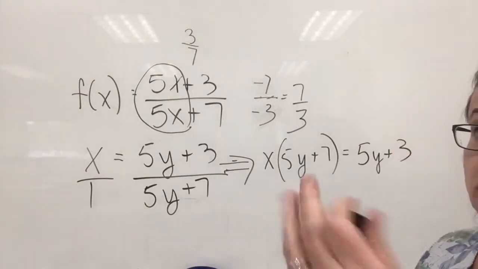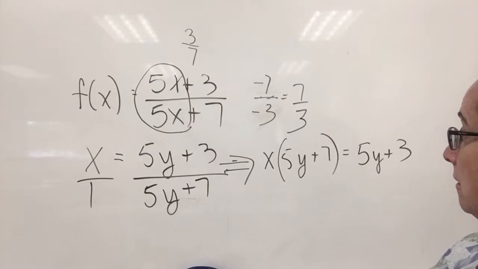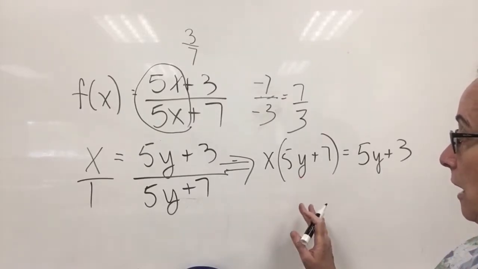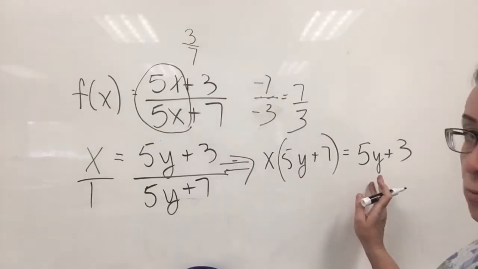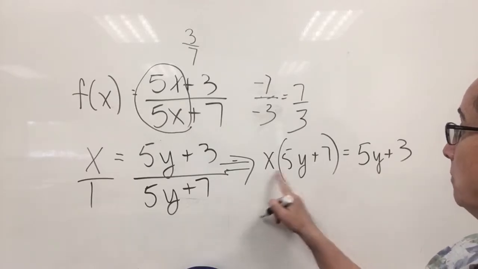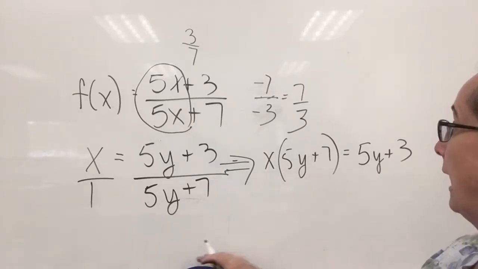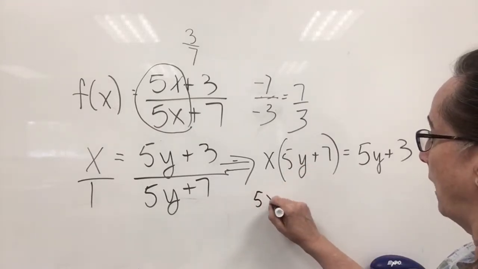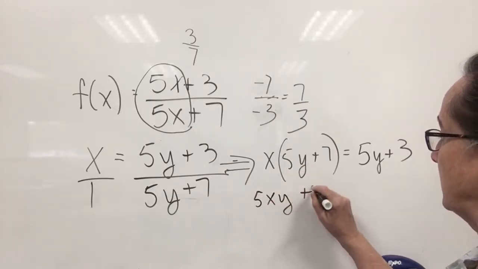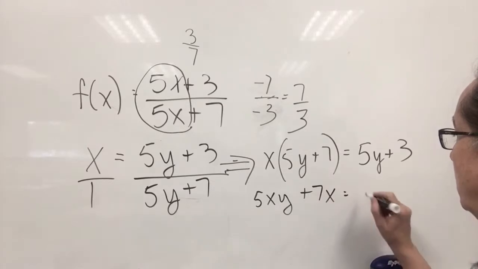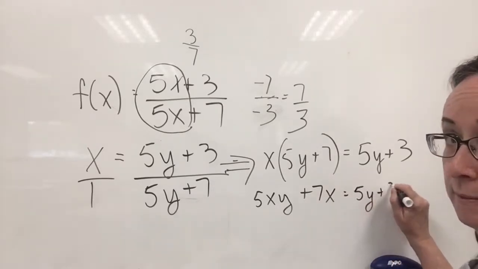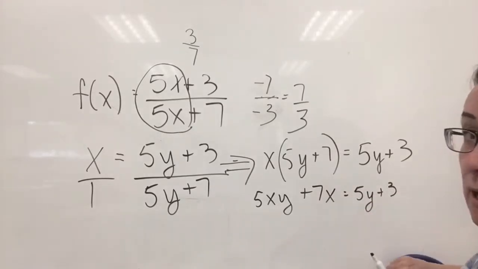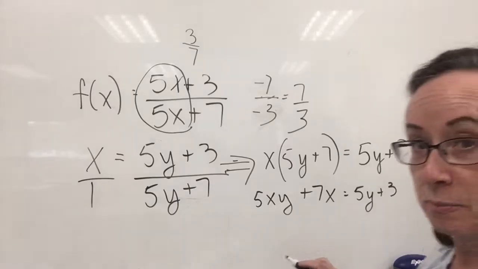Remember, now that I've switched the x and y, I'm trying to get the y on one side by itself. So I need to multiply this out and get all of my y's on one side. So this is going to be 5xy, and then plus 7x equals 5y plus 3. I'm just making sure you can see the board over here.